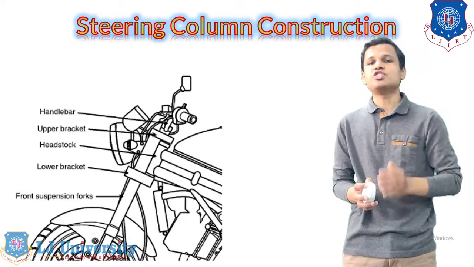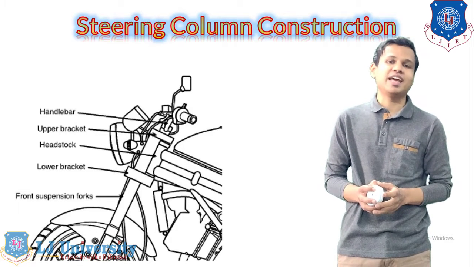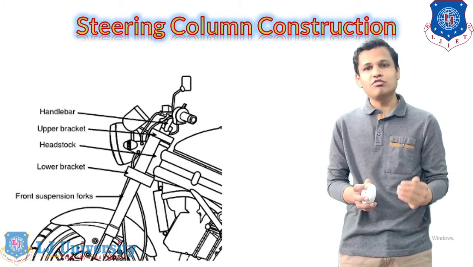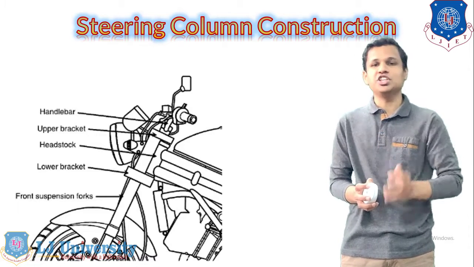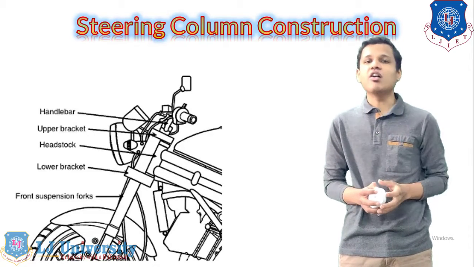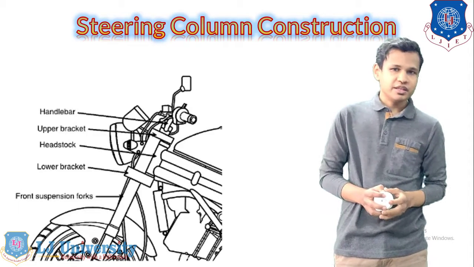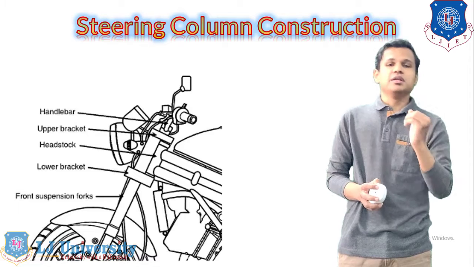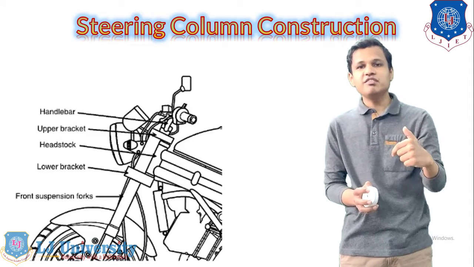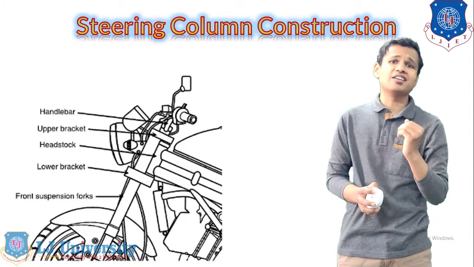So if we want to change the dimension of the steering axis, we will also have to change the suspension fork position. These are all the components of the steering column, in which the main column through which the steering passes is the headstock.